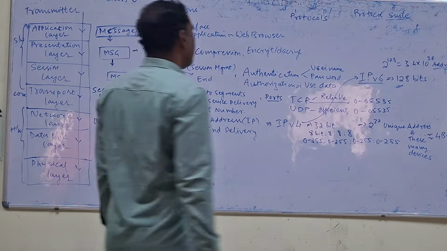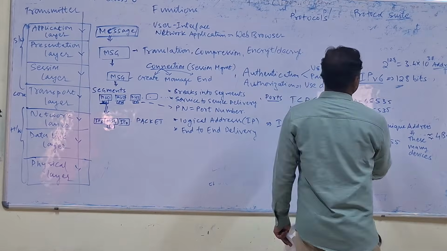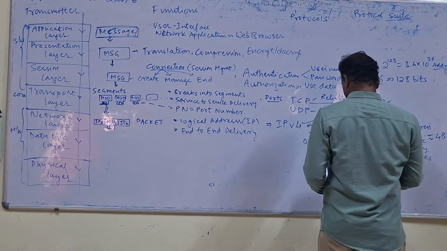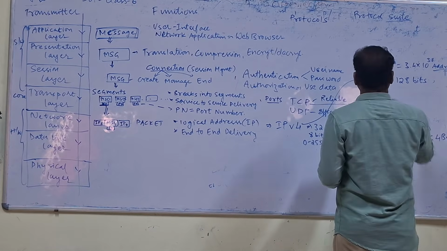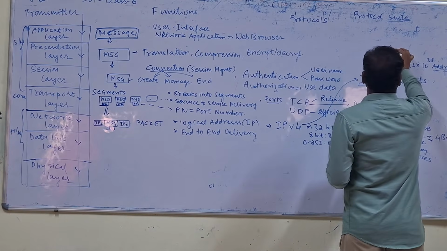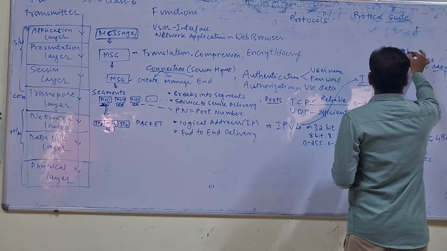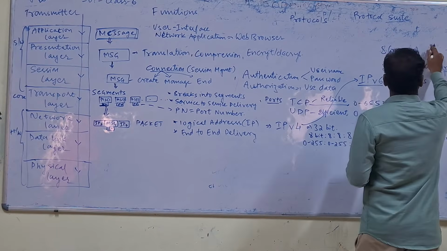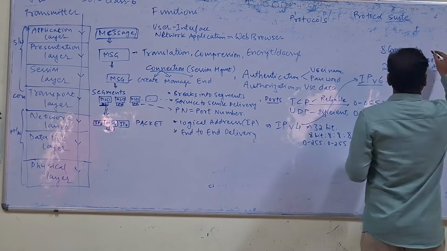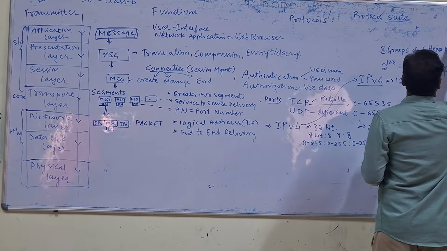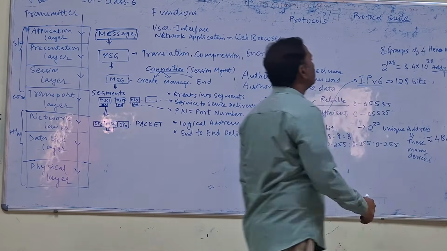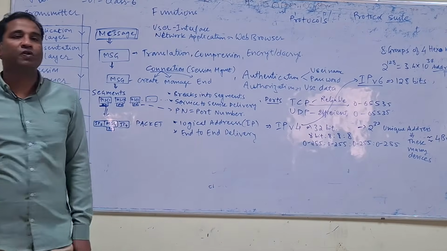So how is this format? It is 128 bit. Here we have a hexadecimal number of 8 groups of 4 hexa numbers.